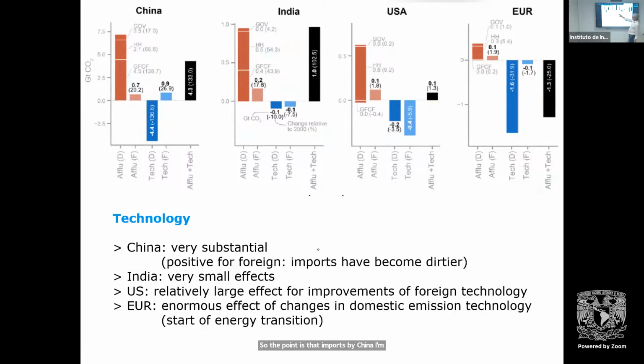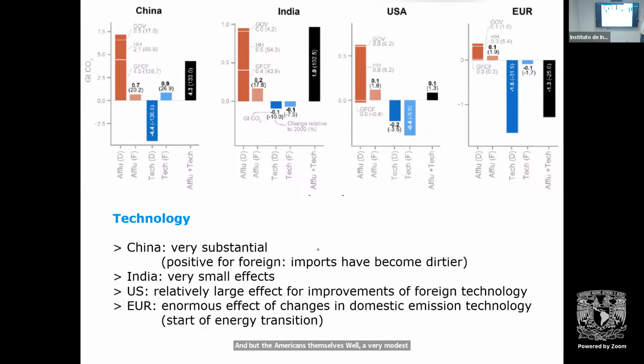In India, you find very small effects for technological change, and in Europe, it's very large. In the US, however, you see a relatively large effect for the improvements of foreign technology. They start importing much more from China that has improved its technology. But the Americans themselves, well, very modest improvements in their own technology.